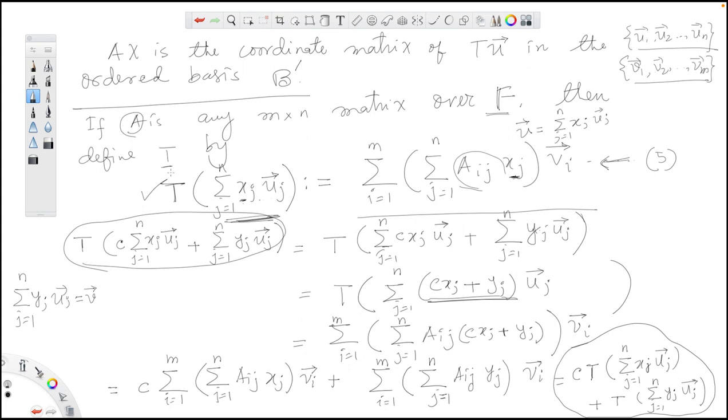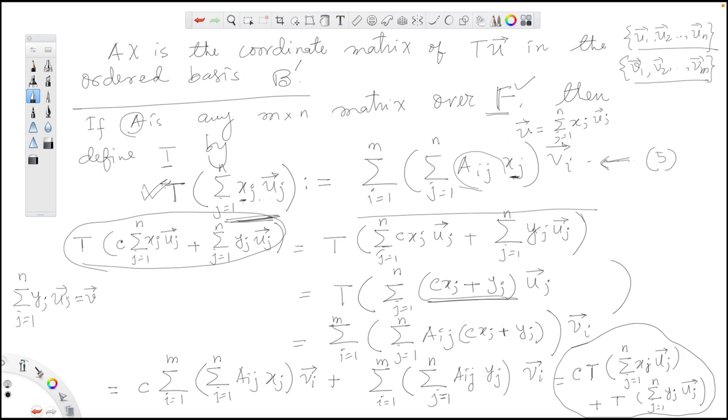And so what I mean is that if I am given an m times n matrix over the field F, I can always find a linear transformation in this way from the vector space V to the vector space W. Okay, which means that it's correct in both ways.